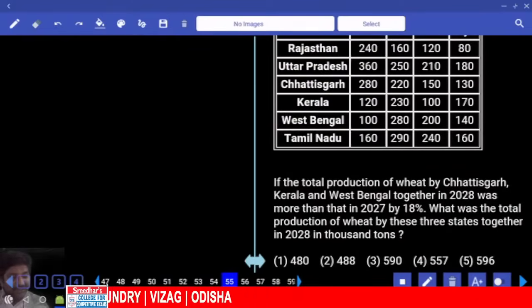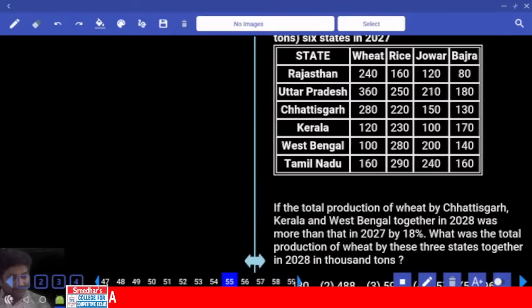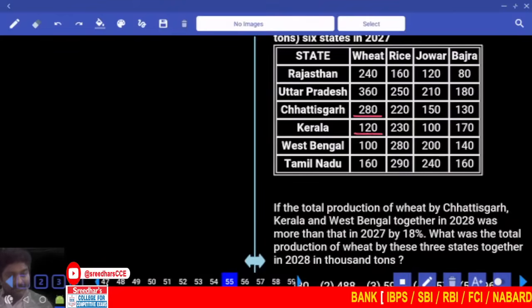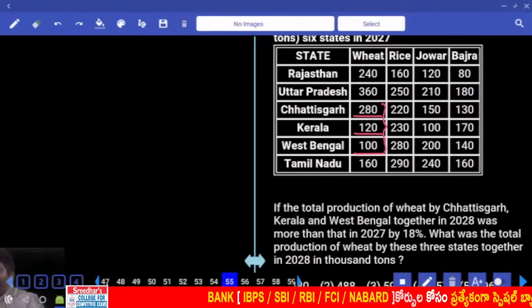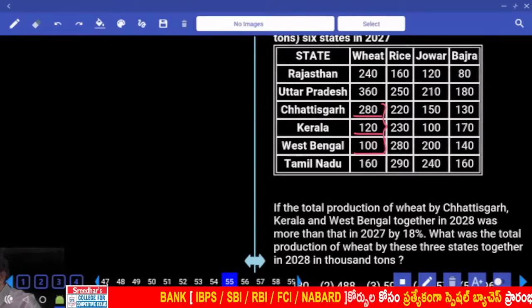Chhattisgarh, Kerala, West Bengal. Wheat. We have to add all these numbers and then you need to increase it by 18%. Then you will get your answer, correct?